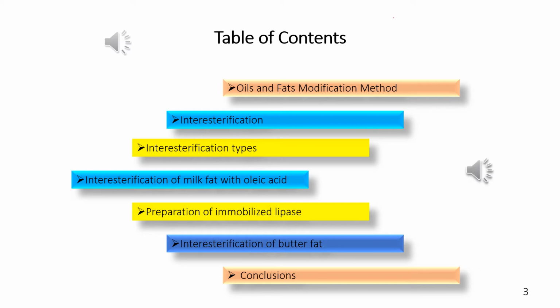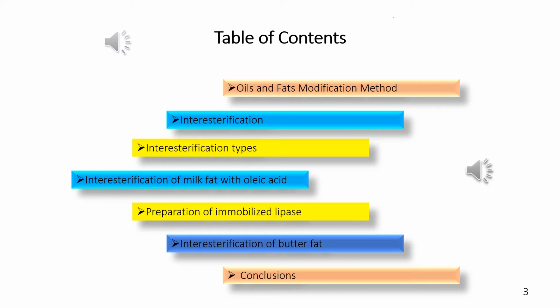So there are three important steps which occur in the modification processes. These three important steps are hydrogenation, fractionation, and interesterification. These methods are now used in the industries to modify the oil and fats.